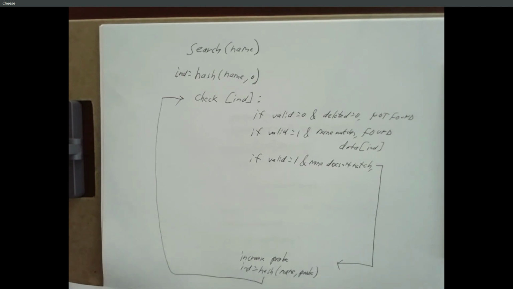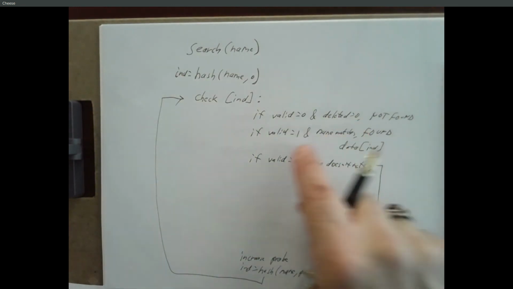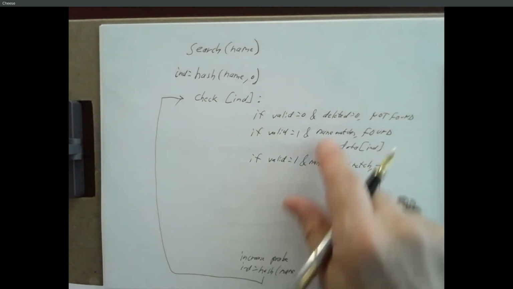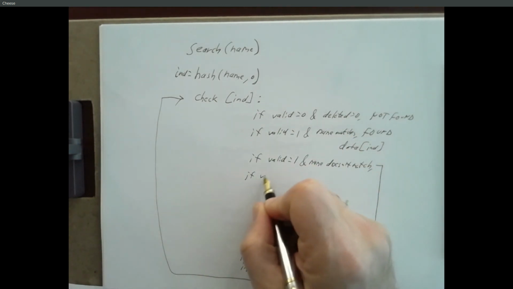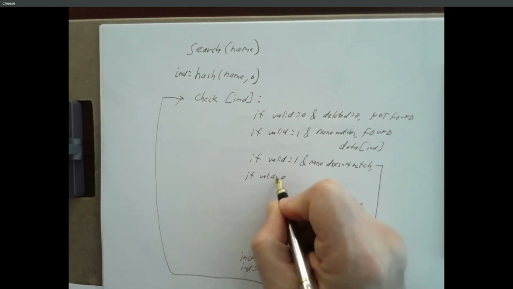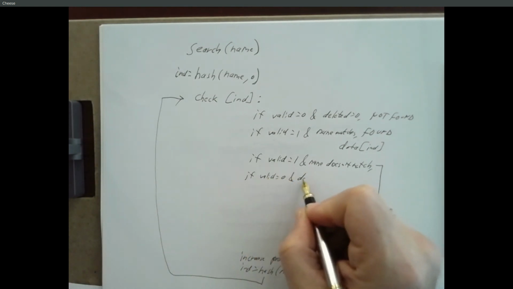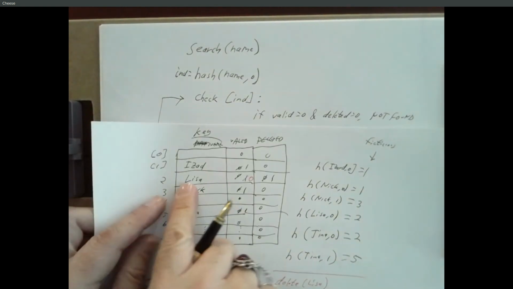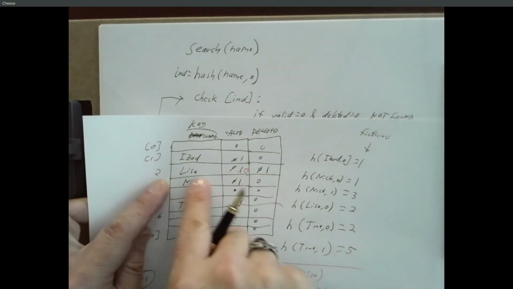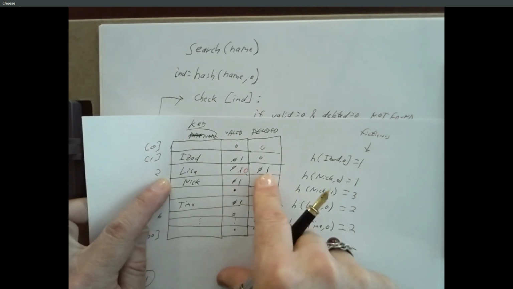So we've got a few cases left. Valid is 0 and deleted is 0, not found. Valid is 1, either the name matches or it doesn't match. We've got those handled. If valid equals 0 and deleted equals 1, then we've got this case. We're looking for Bob. It comes down here. This entry's not valid, but there was something in there.